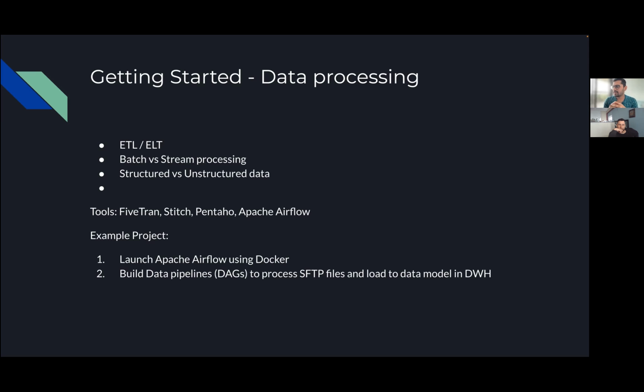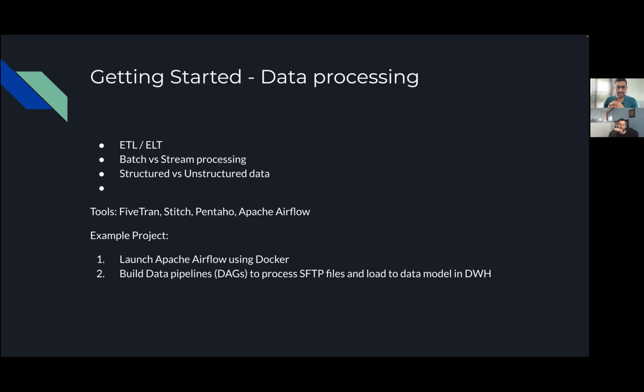So we might want to bring it into the data warehouse and make it available for analytics as soon as possible. That's where you would implement stream processing. You can think of Apache Kafka, which is quite a popular tool to do stream processing. So it's basically real-time processing.